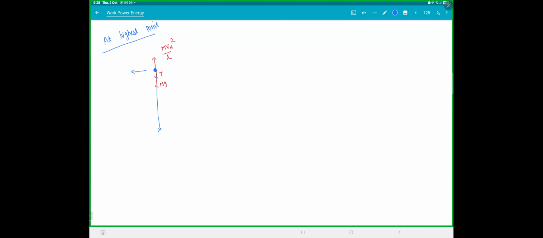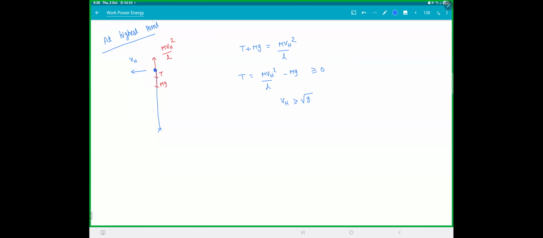So at this point, your speed is vh. So we have T plus mg is equal to m vh square by L. So for tension to be greater than 0, we get m vh square by L minus mg greater than 0, which gives vh is equal to root gL.